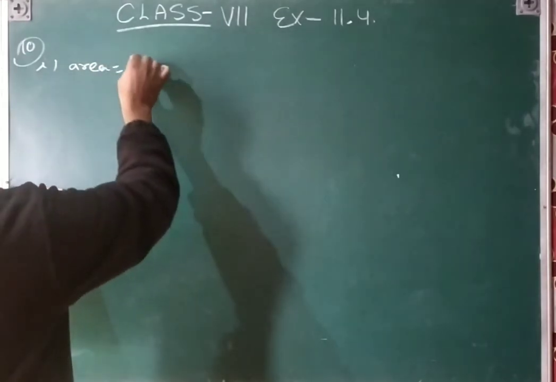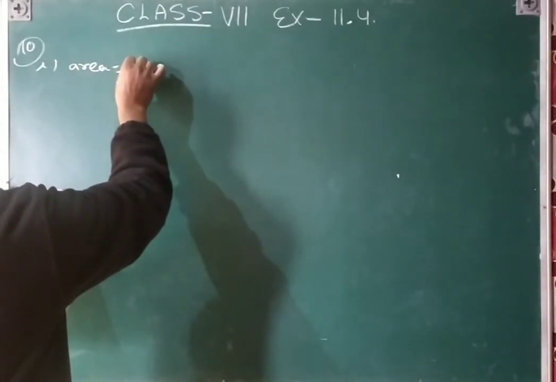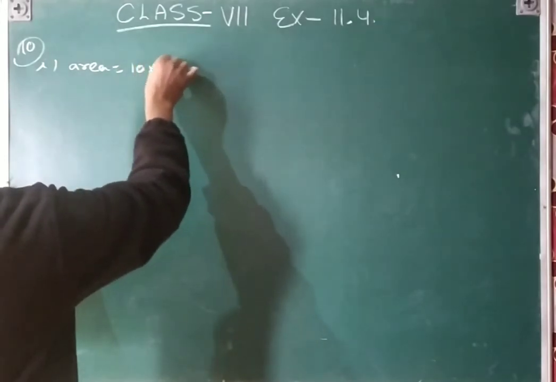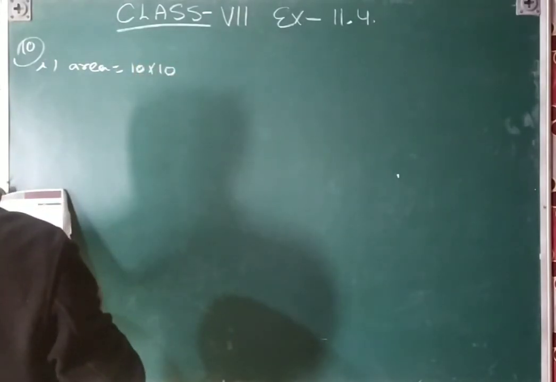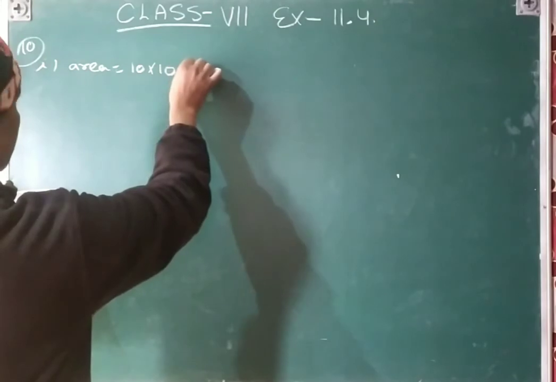first of all the area of the whole square, that is 10 into 10, minus the area of two triangles.